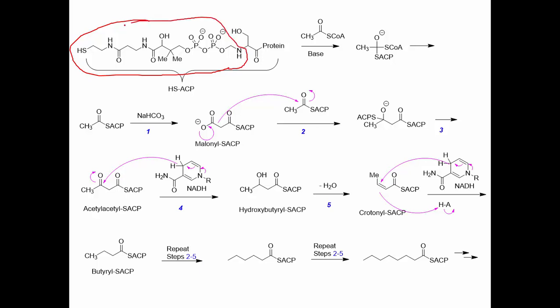So the chain is really only far, far away from the acetyl group where there's any difference between the acyl carrier protein, that's what ACP stands for, and the SCoA. All right, so we're going to swap the SCoA for the SACP.